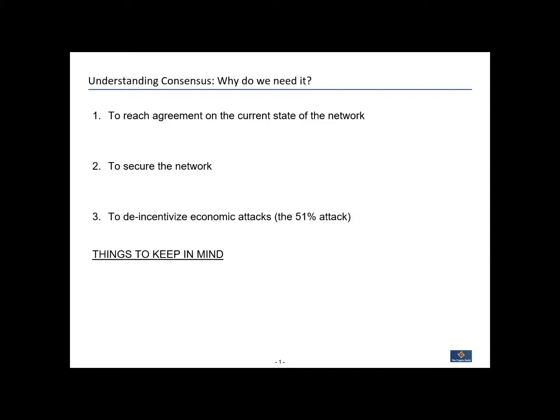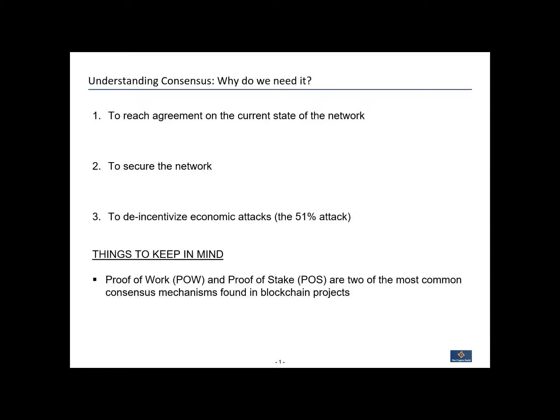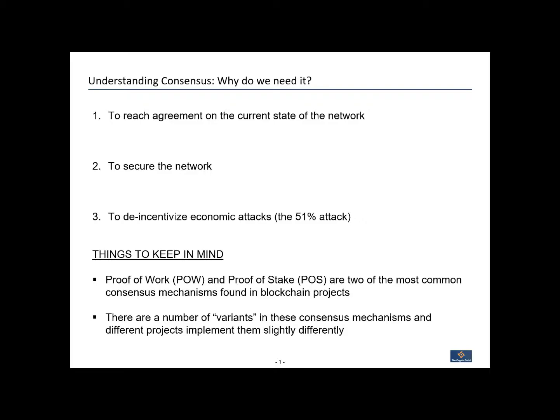And a couple of things to keep in mind. First of all, as I mentioned before, proof of work, also known as POW, and proof of stake, sometimes known as POS, are two of the most common consensus mechanisms or algorithms found in blockchain projects. Another thing you should know is that I'm going to talk about the specifics of proof of stake in a basic way, because each different project, like Cardano or Ethereum, implements these consensus mechanisms in a slightly different way, right?